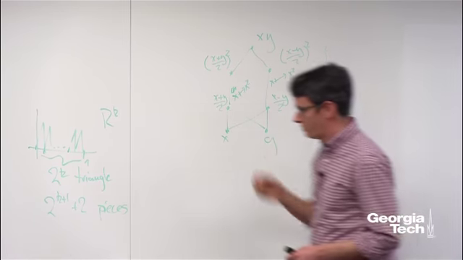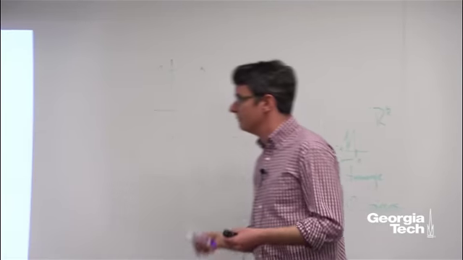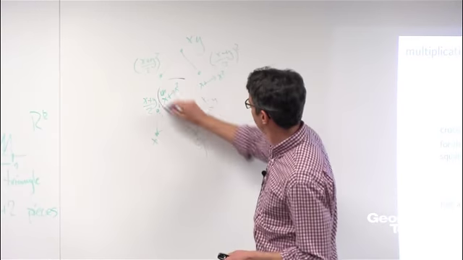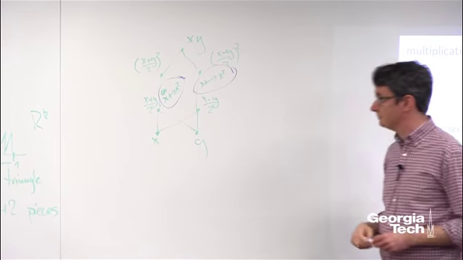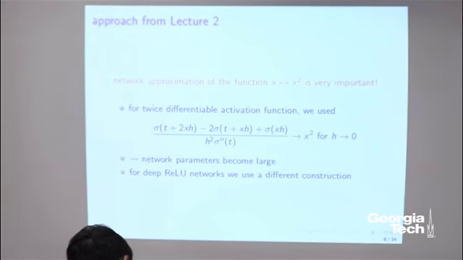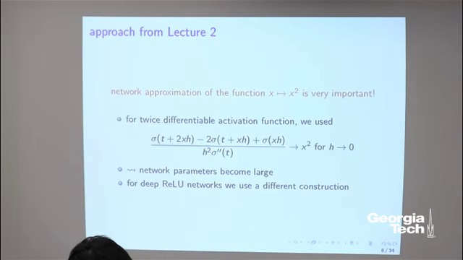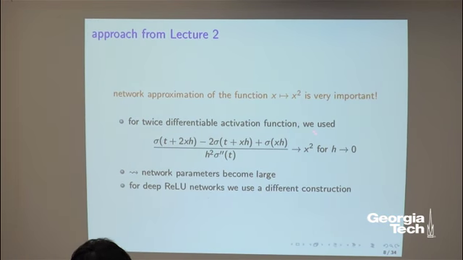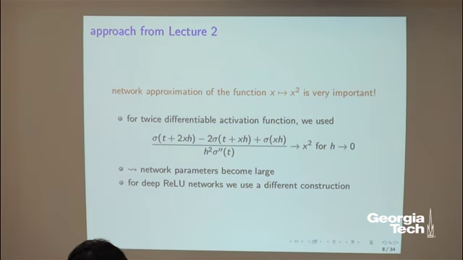So to approximate multiplication, what you have to think about is how to do the square function. Actually, this is something we already discussed in the proof I showed you in lecture 2, when we were talking about shallow networks. You can also do this with a shallow network if you assume that your activation function is, say, twice differentiable and not a linear function.